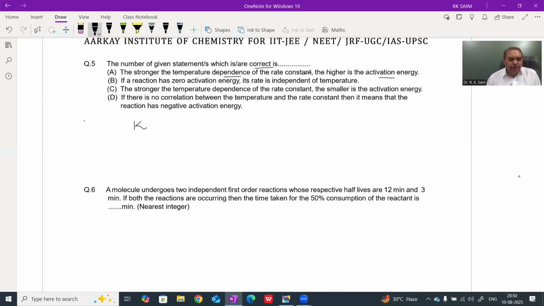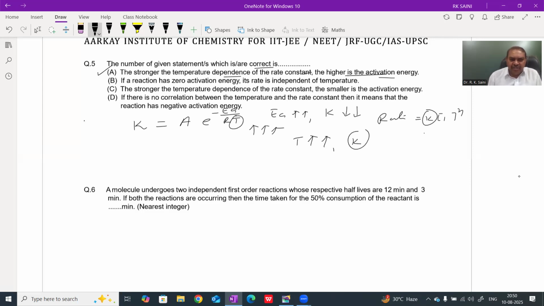We know that according to the Arrhenius equation, K equals A e raised to power minus activation energy upon RT. With a higher value of activation energy, the rate constant is very small, and when the rate constant is very small, the reaction hardly proceeds. Therefore, K mainly depends upon temperature, and if we raise the temperature, the value of K increases.